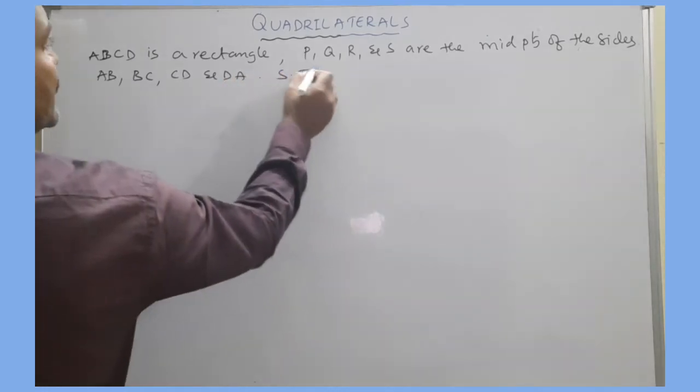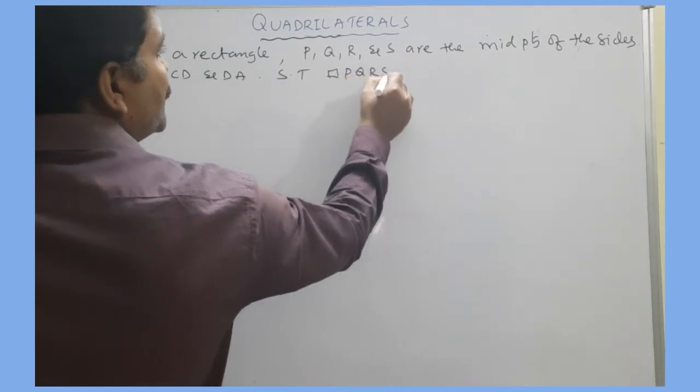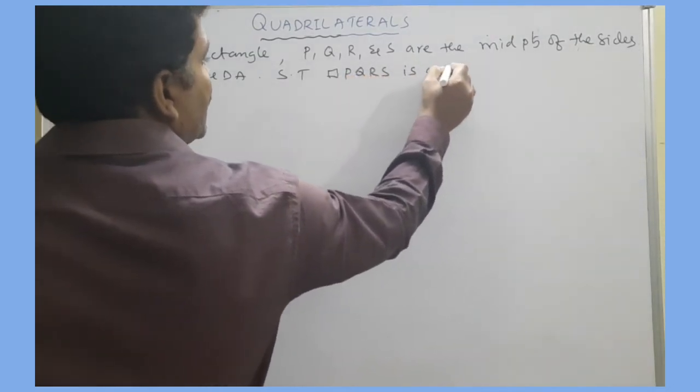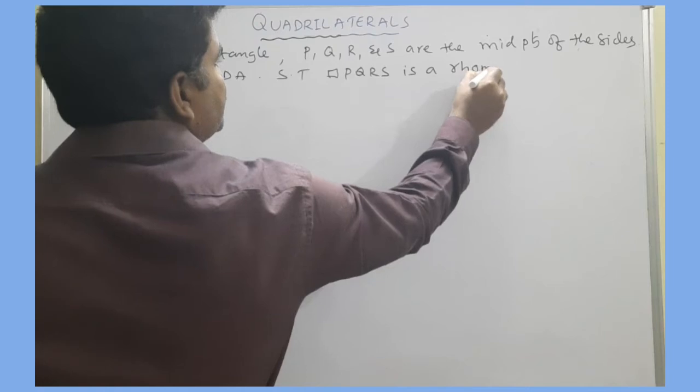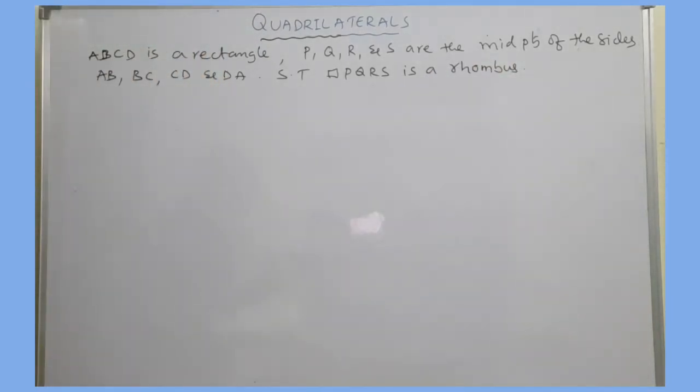Then show that quadrilateral PQRS is a rhombus.